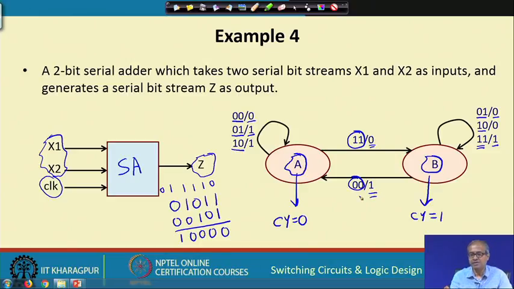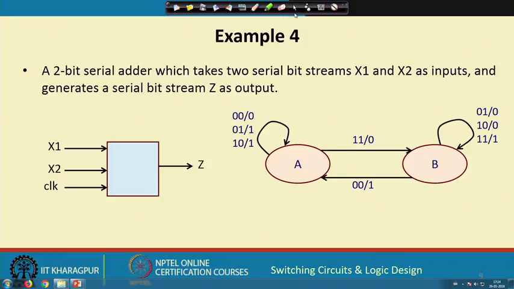Okay. So, just see and think how the process of addition goes on, and you can get the behavior of this serial adder in terms of the state transition diagram. Okay. Fine.